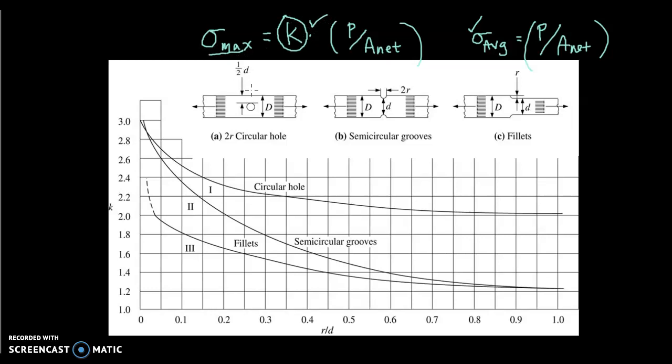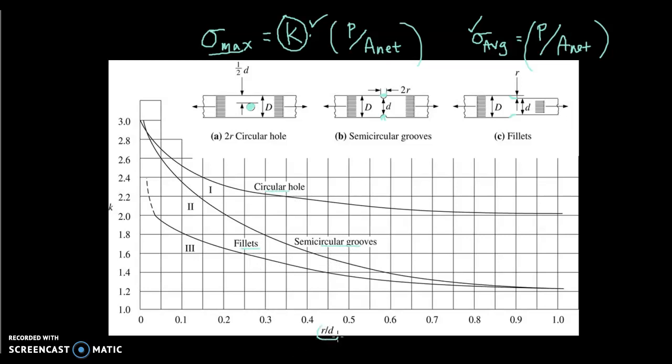Now what is K? K comes from this chart. So we have the three situations here. We have a hole that's drilled into it. We have the two semicircular grooves, and we have a reduction in cross section. Those correspond to these curves, one for a circular hole, semicircular groove, and fillets.